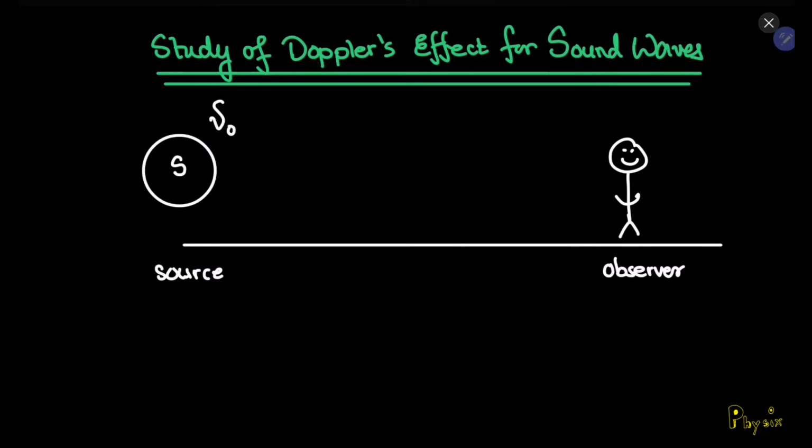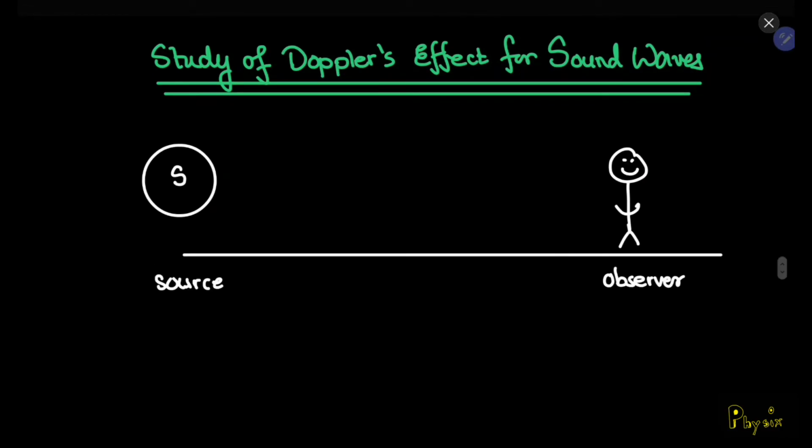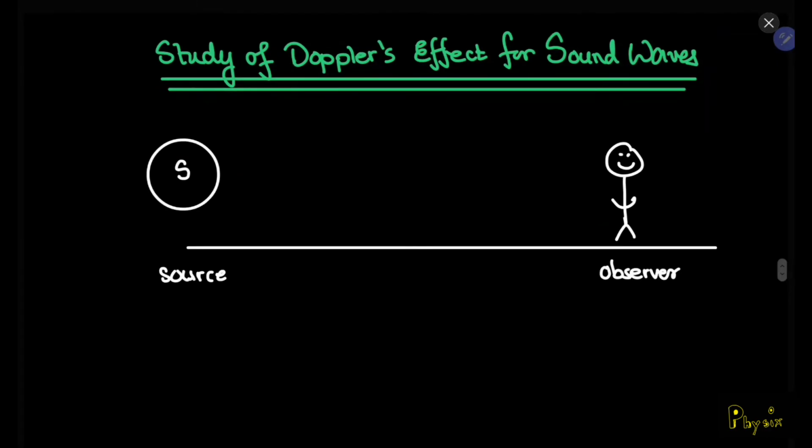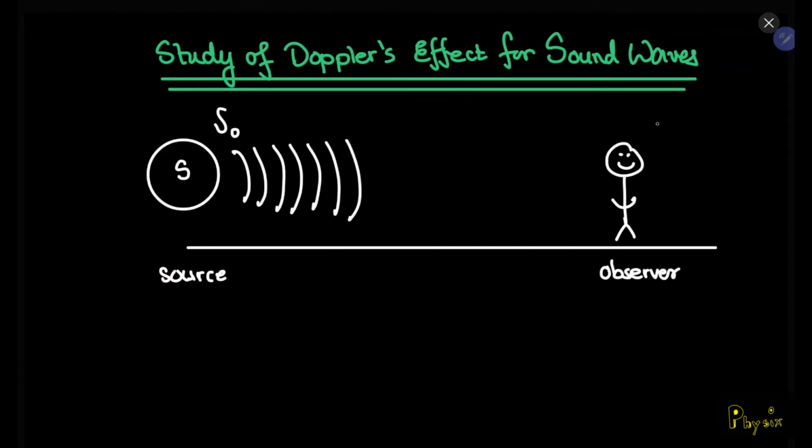And as discussed previously, we know that if nu naught is the frequency of the waves emitted by the source, and nu is the observed frequency, and if both of them are stationary, then nu naught is equal to nu. But if the source is moving towards the observer, the observed frequency nu will be much greater than nu naught. But if it's moving away from the observer, nu will be much less than nu naught.